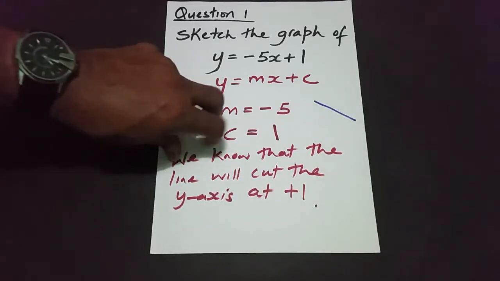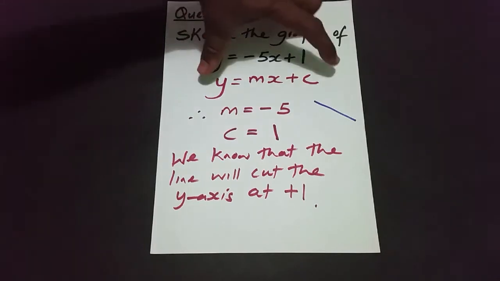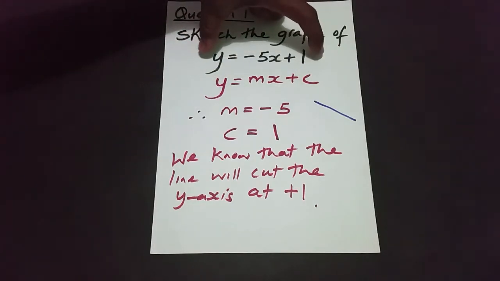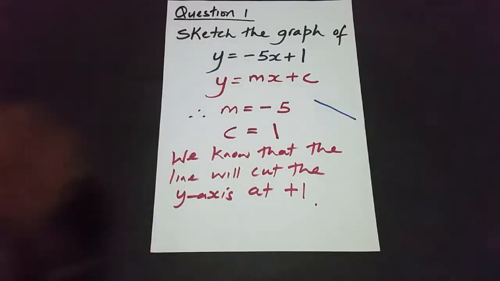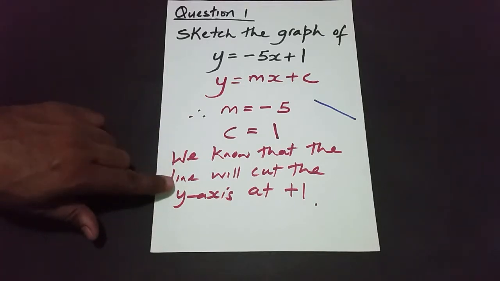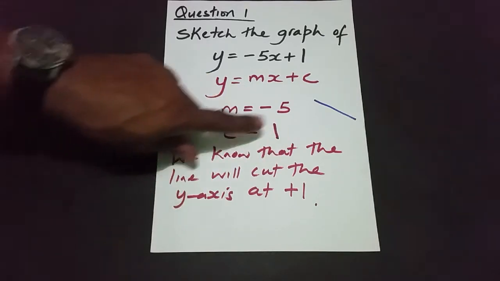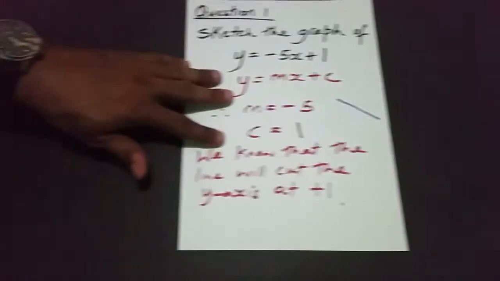And that is the significance of c here. That's one of the reasons why some persons opt to go this route, because the gradient gives us a clue as to how the line will be falling, and c tells us half of the story, where the line will cut the y-axis. So we know that the line will cut the y-axis at +1.